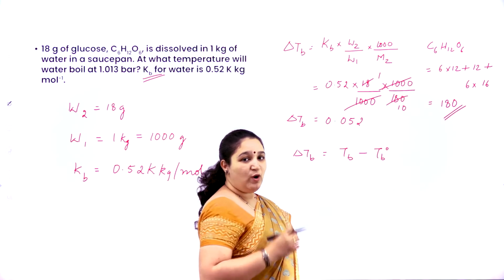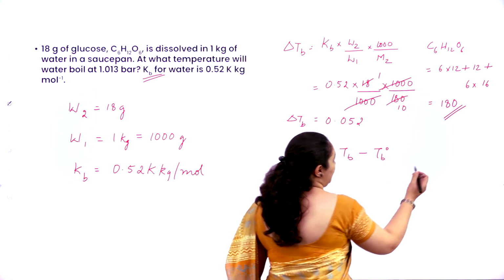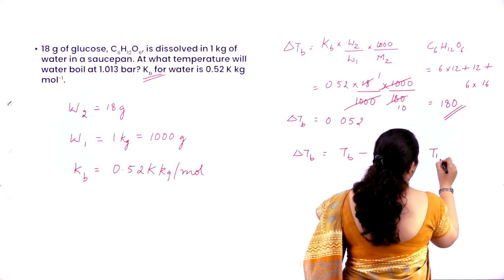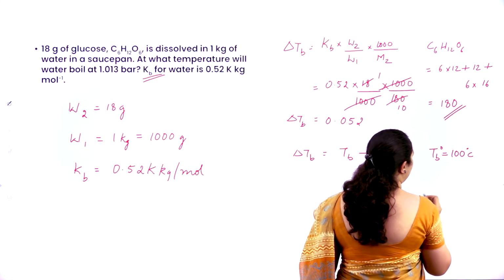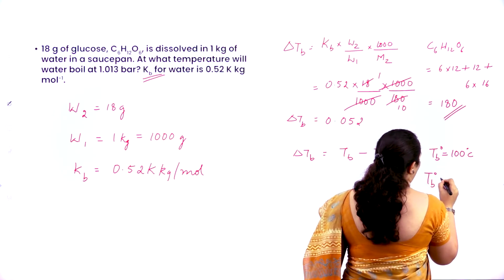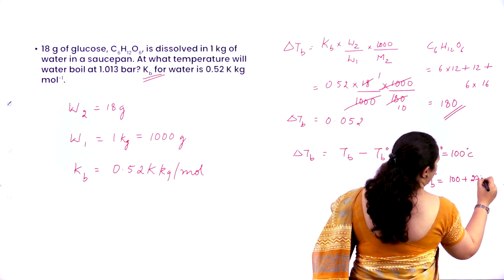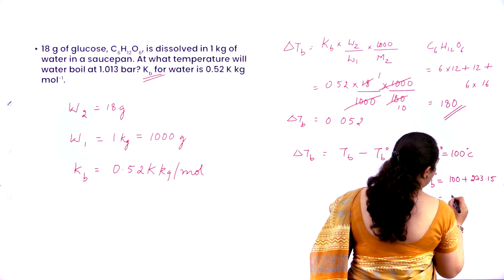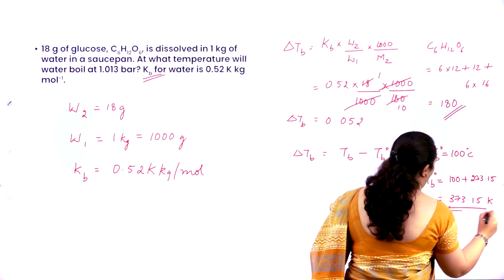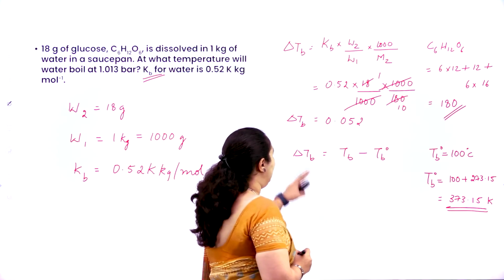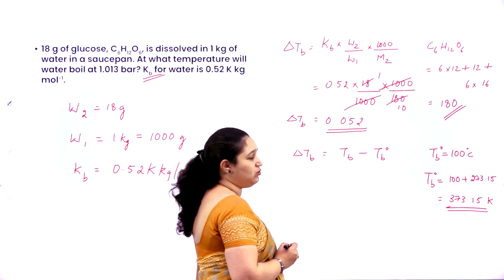We know the boiling point of water, that is 100 degrees Celsius. Correct? Boiling point of water Tb naught is 100 degrees Celsius. So I have to convert into Kelvin. So Tb naught will be equal to 100 plus 273.15, that is 373.15 Kelvin. Okay. Delta Tb, I know the value. I have already got 0.052.